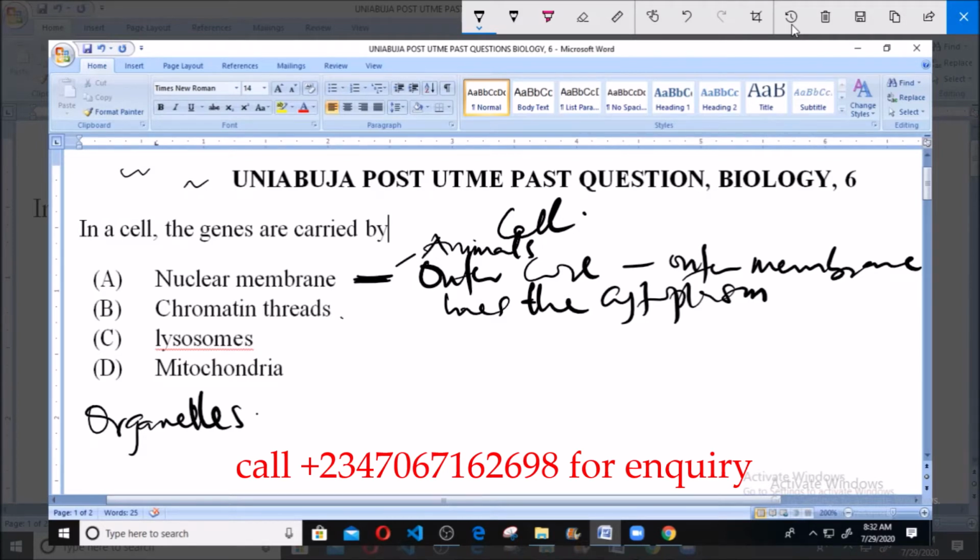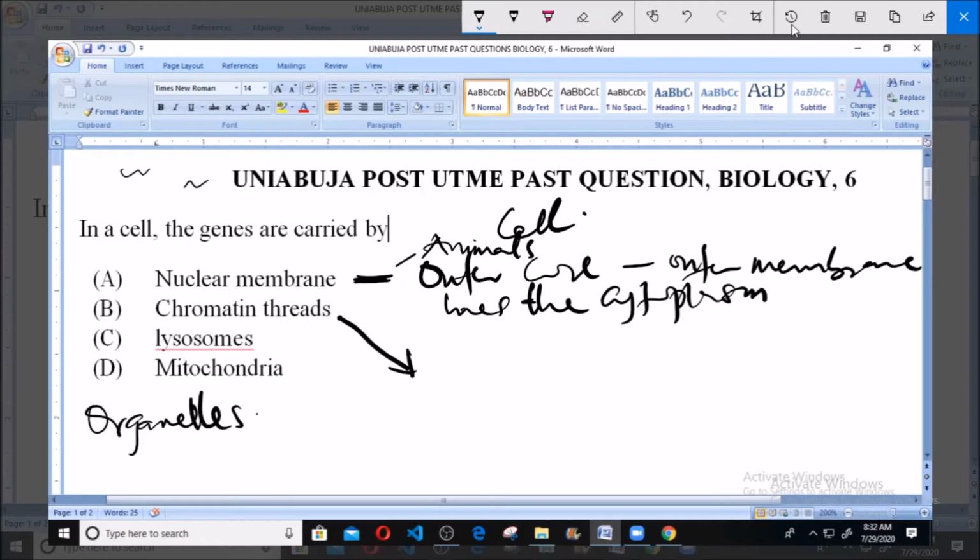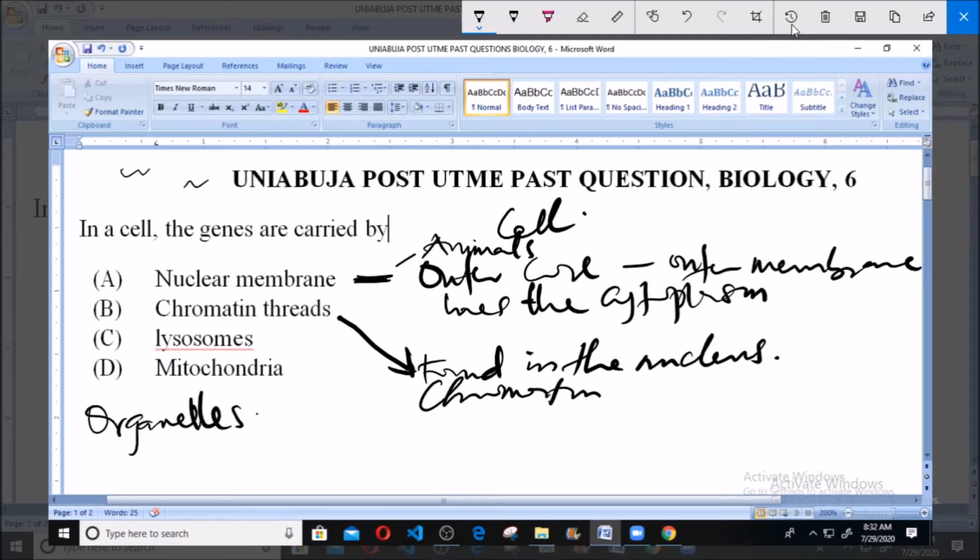Now we have chromatin threads. Chromatin threads are found in the nucleus of a cell. You observe that during cell division, the chromatin threads condense to reveal the genes.